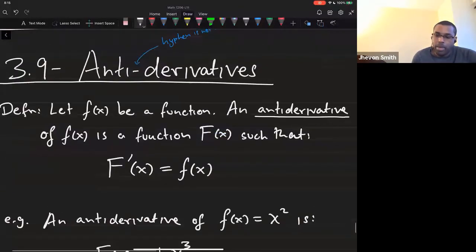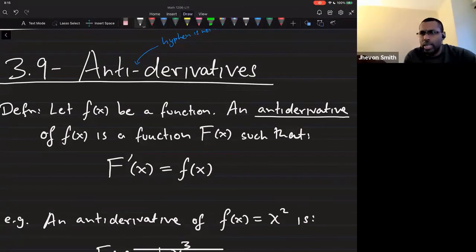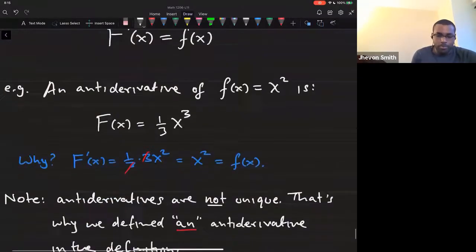Right? If you look back at the definition, I used "an" antiderivative. It's because there can be many. In fact, there always is. There always is many. You can actually always have an infinite amount, right?